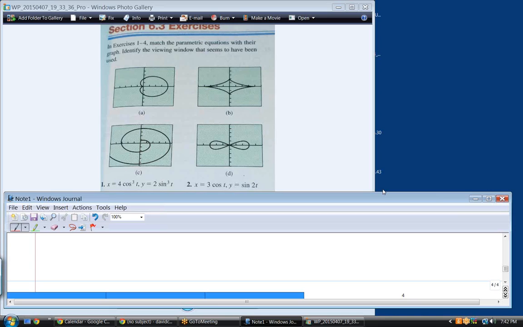Polar coordinates. Graphs of polar equations. I know how to do circles and ellipses. Okay.